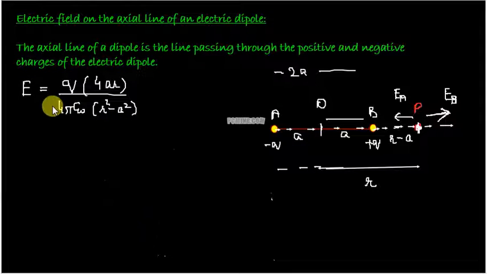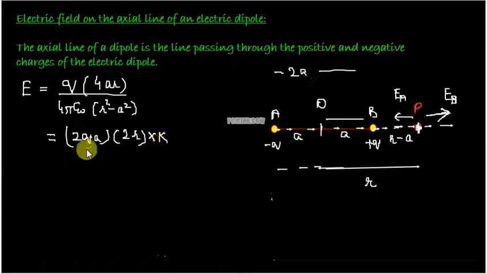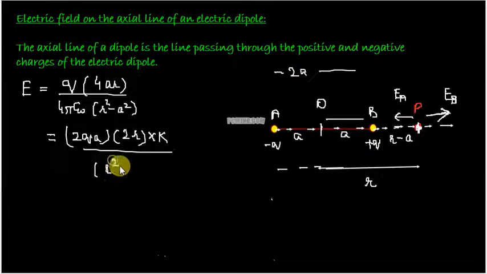So we have got the expression E is equal to Q times 4ar upon 4 pi epsilon naught (r square minus a square) whole square. Now we can split this 4a as 2qa times 2r, which still gives the same 4qar. And 1 upon 4 pi epsilon naught I'll write as k, upon (r square minus a square) whole square.